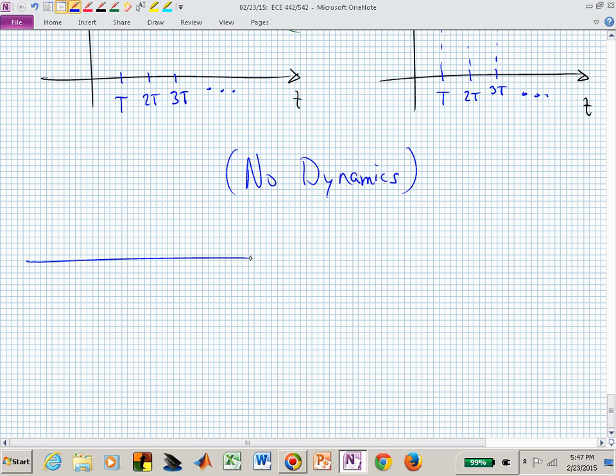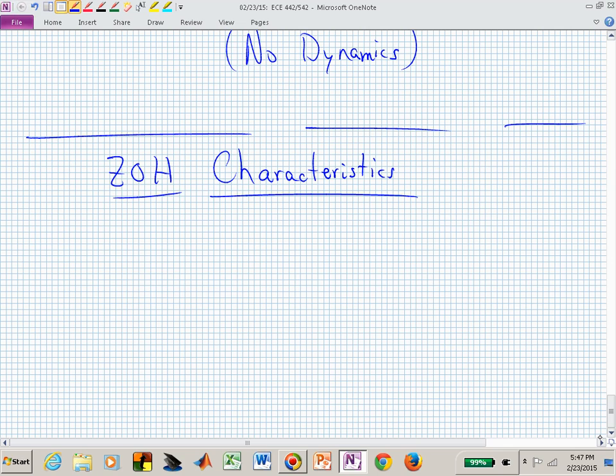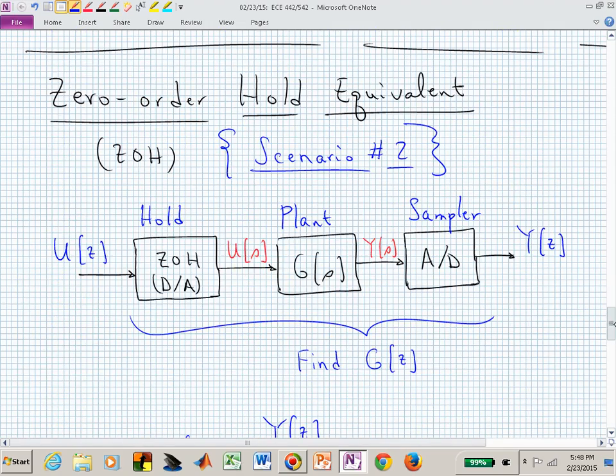The other one is maybe a little more interesting, which is on the input side. We are, in this class, restricting to the zero-order hold characteristics. Going back to our picture, we are now looking at the leftmost block. If we have a sequence of numbers coming in at the input U, we want to produce an analog waveform coming out of that hold device.